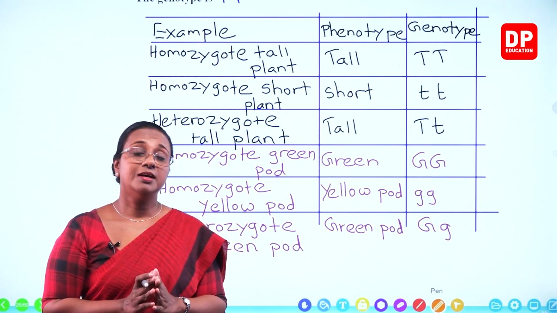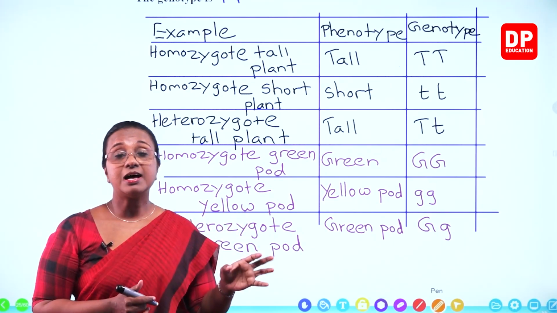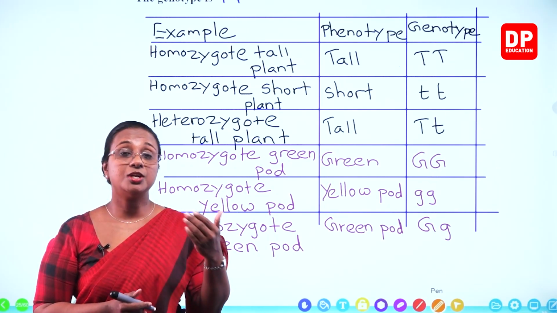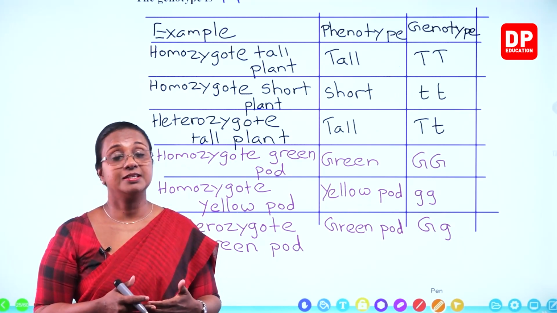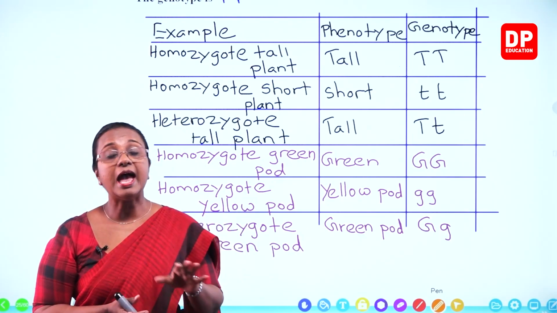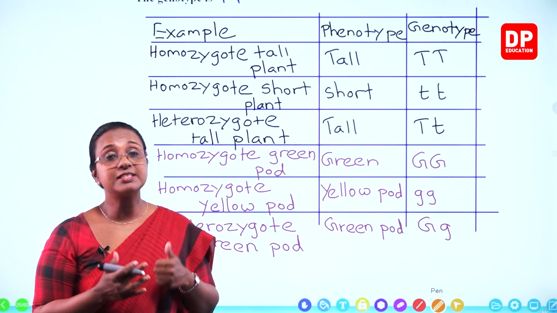So far, under gene concept, you all know genes are the factors that are responsible for the expression or the formation of a particular characteristic. And under that, we looked at what heterozygote and homozygote are, or heterozygous and homozygous conditions.